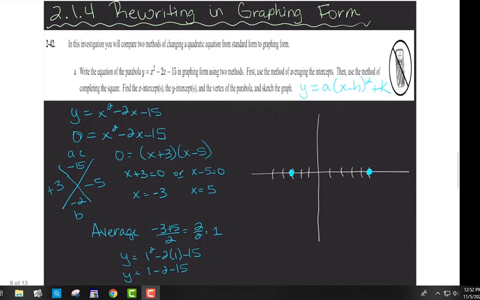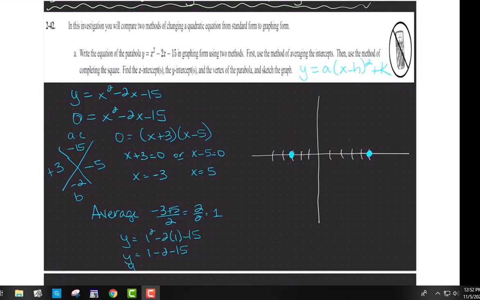Ooh, running out of room. Y is going to equal -16. So then I now know that my vertex is at, when x was 1, my y is -16.